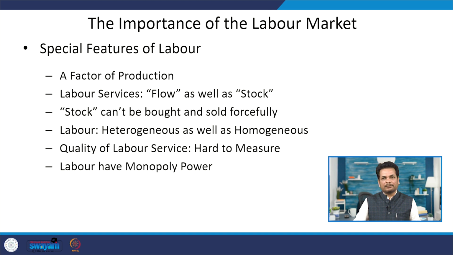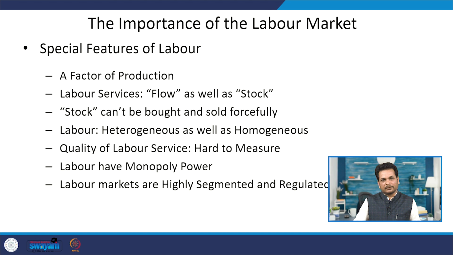So, labor has monopoly power because of their skill. Further, labor markets are highly segmented. Labor markets are segmented in the form of occupation, industry, geographical setup, and they are highly regulated.